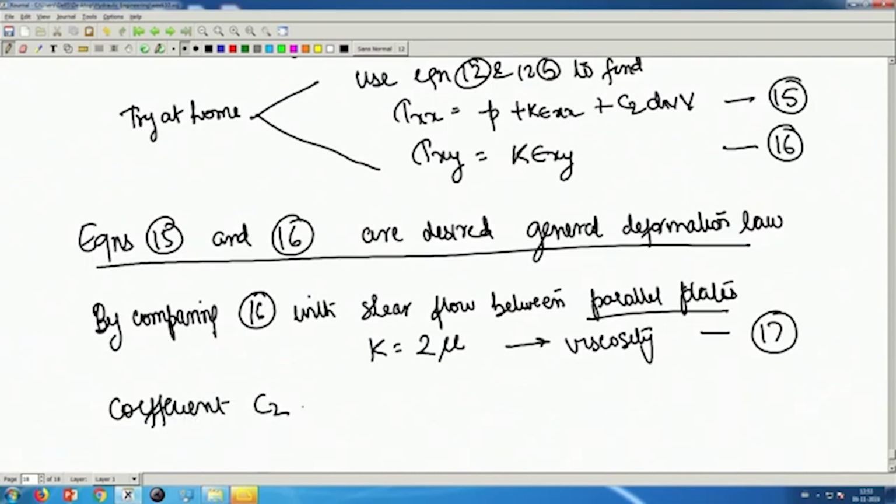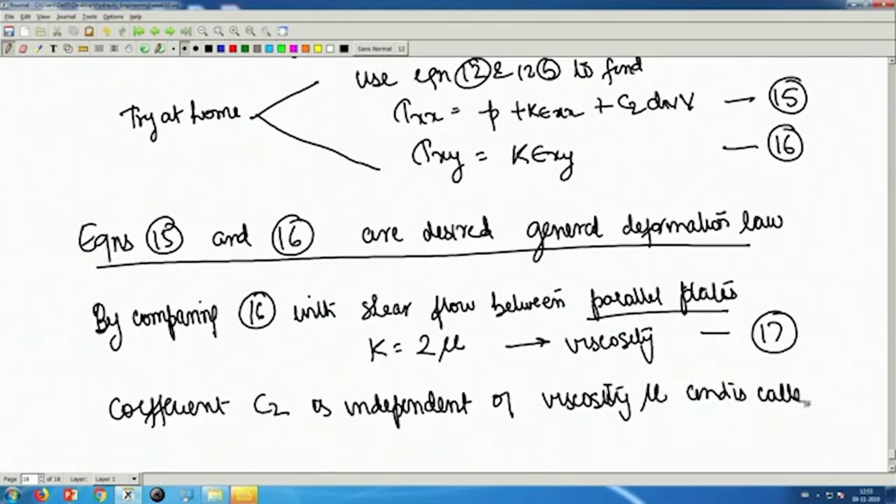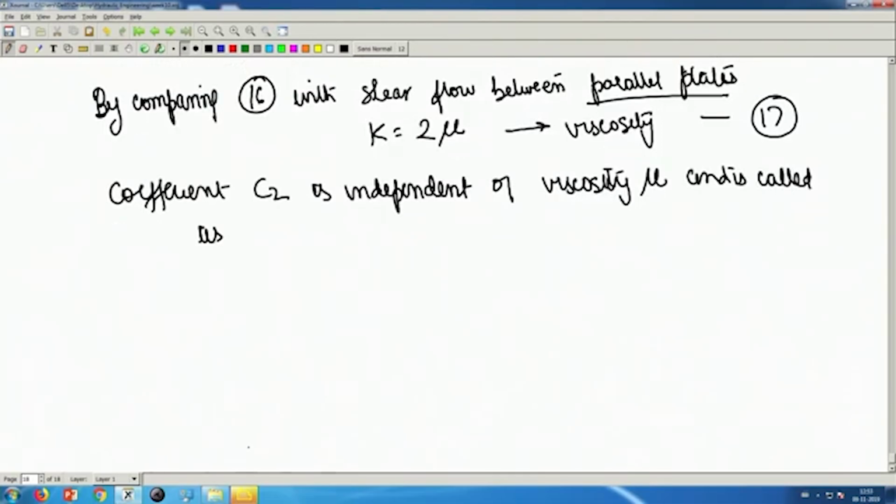Coefficient C2 that we have mentioned before is independent of viscosity mu and is called the second coefficient of viscosity.